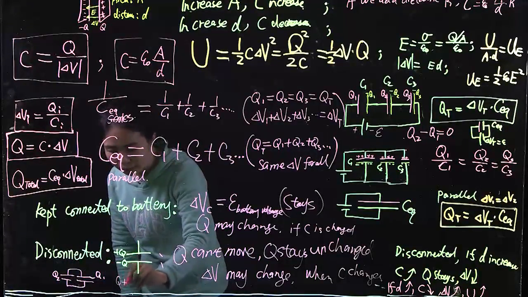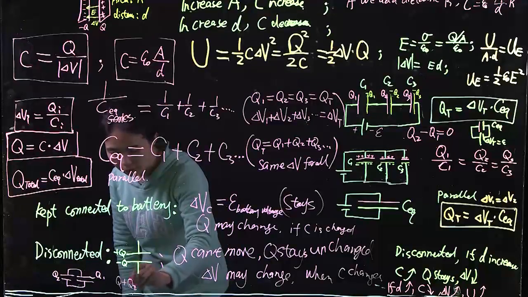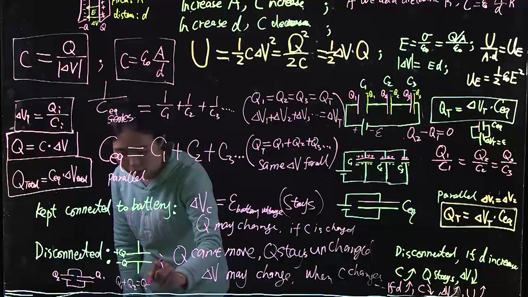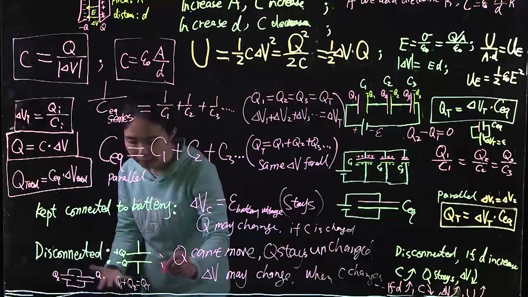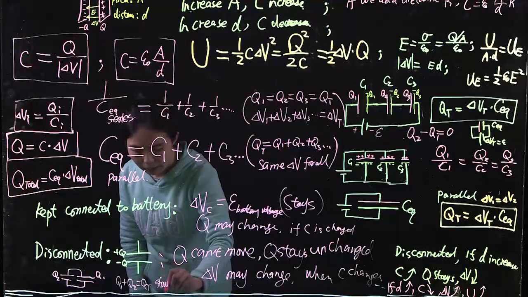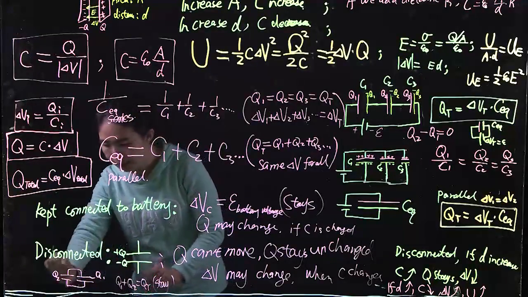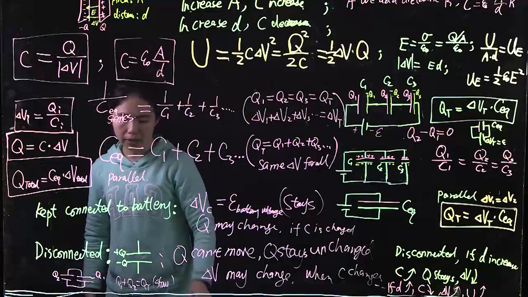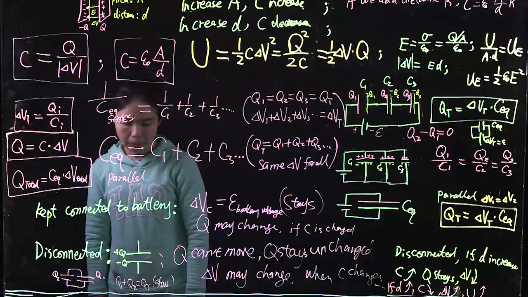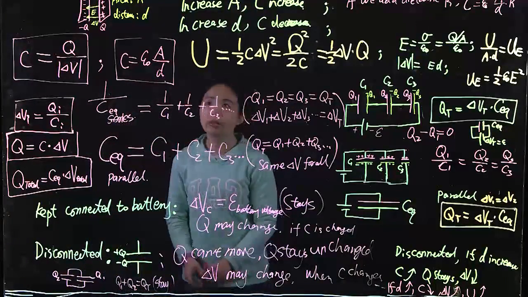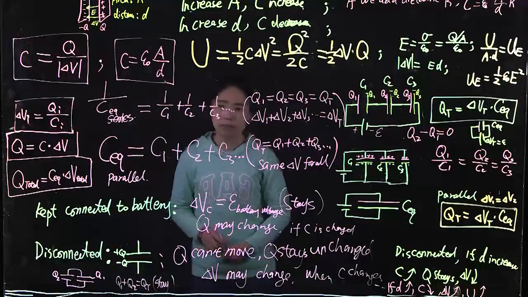However, charge 1 plus charge 2 equal to the charge total, that's going to stay the same as long as these 2 capacitors are disconnected from other objects. Okay, so that's the end of reviewing for capacitors.